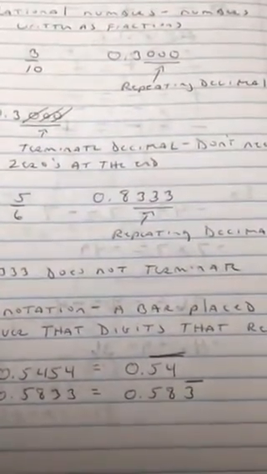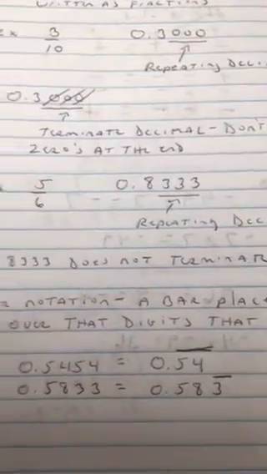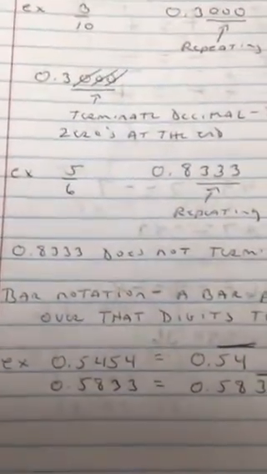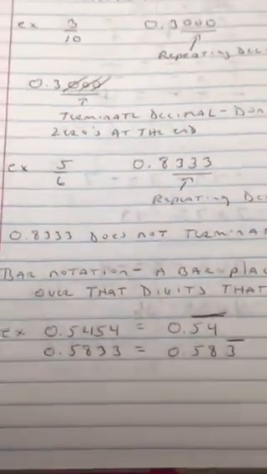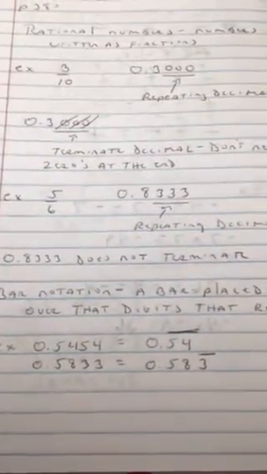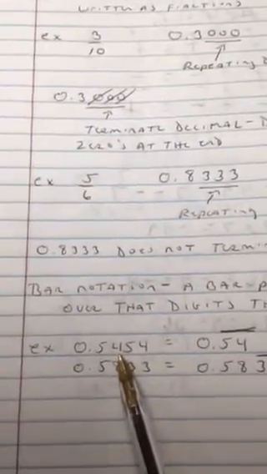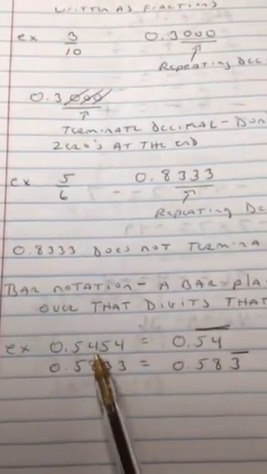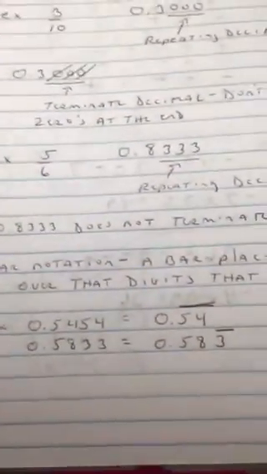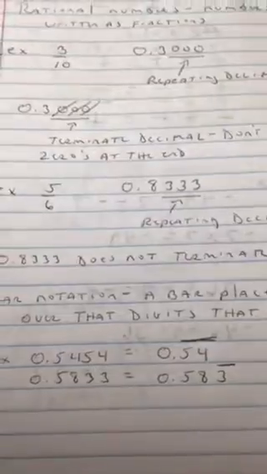They're never ending. But then we get into the definition of bar notation. Bar notation is a bar that is placed over the digits that repeat. In the example, 0.5454, notice that if I continue to write 545454 forever, my 54 keeps repeating.